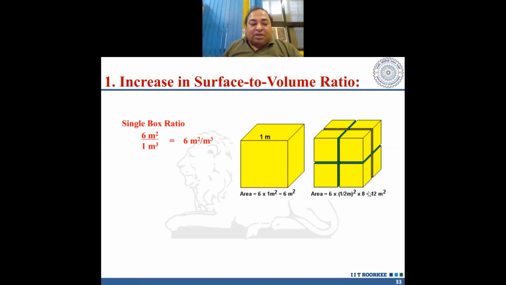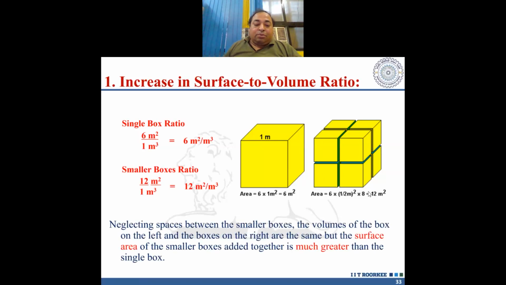So single box ratio is 6 meter square by 1 meter cube, equal to 6 meter square by meter cube. Smaller box is 12 meter square by meter cube. Obviously we are neglecting the space in between. So neglecting spaces between the smaller boxes, the volume of the box on the left and the boxes on the right are the same, but the surface area of the smaller boxes added together is much greater than the single box.